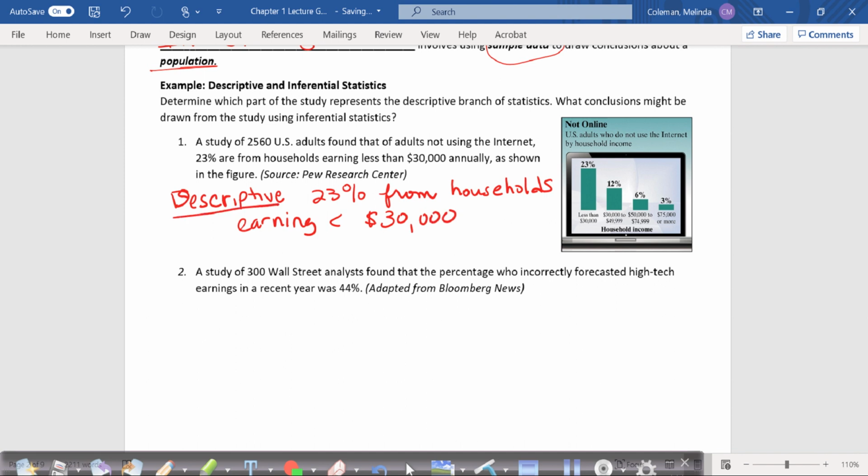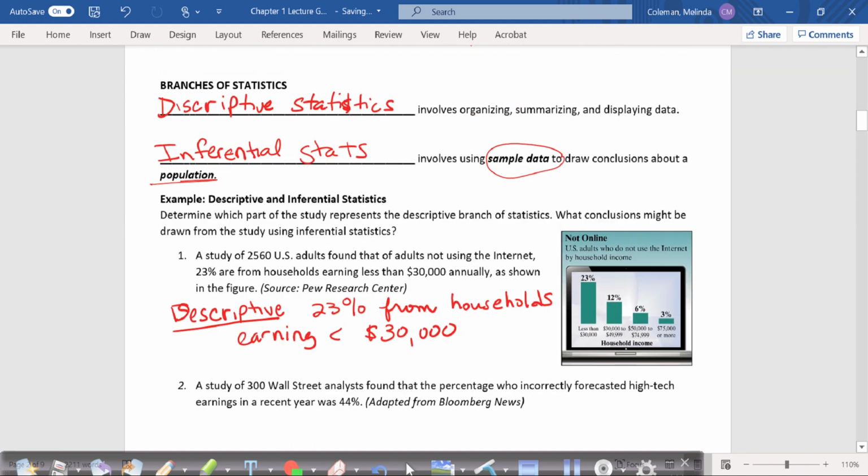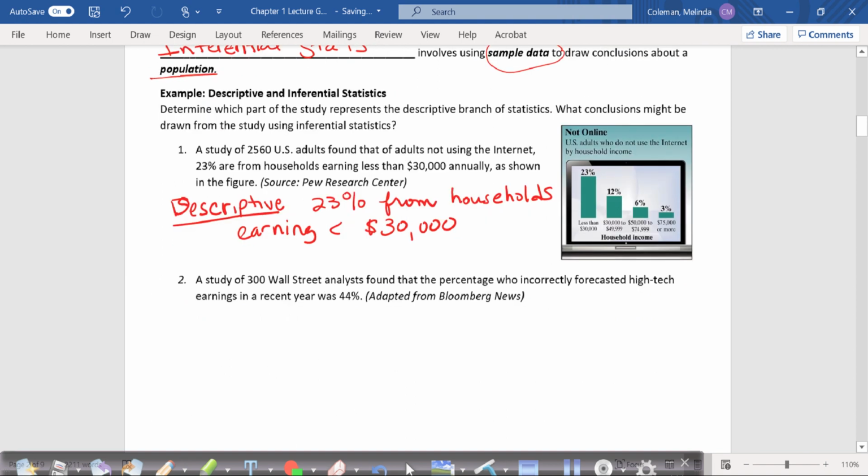We are describing what's happening in this information. So again, if you look at the definition, descriptive statistics organizes, summarizes, and displays data. And that's what we're doing. We're organizing it, we're summarizing it, and then we're displaying it.